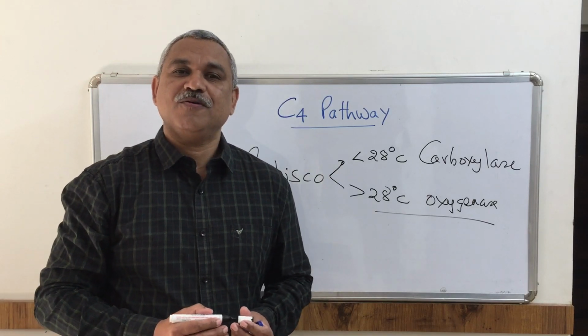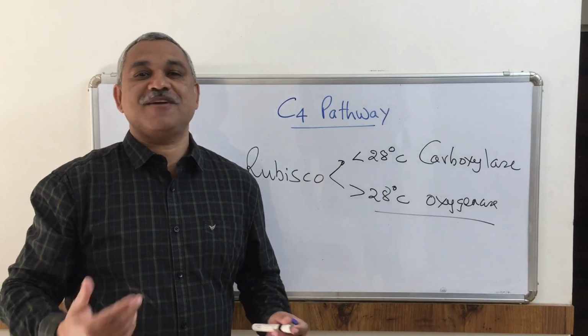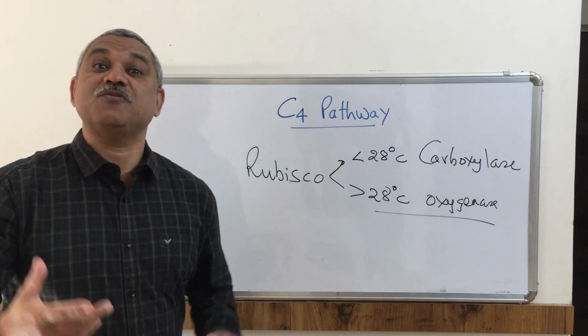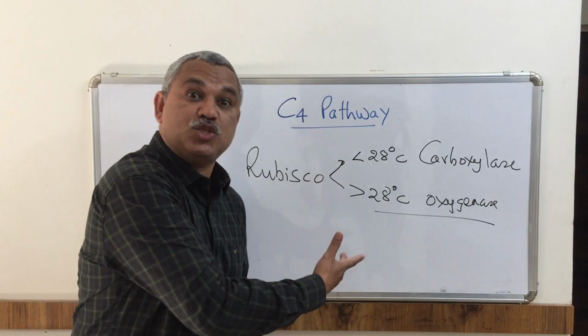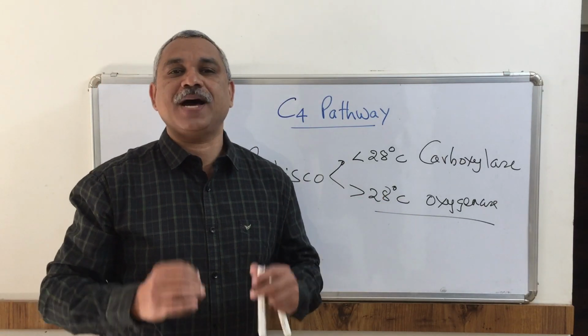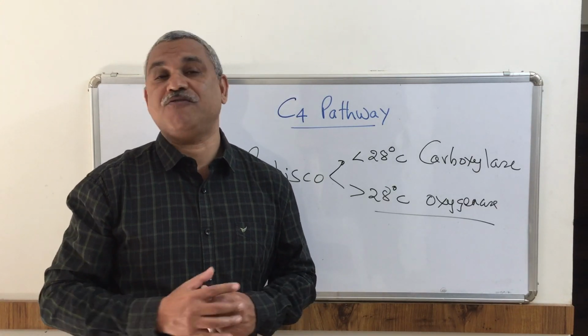We know for a country like ours, where the temperature is generally very high, the plants will switch over to the oxygenase reaction and it will end up not growing properly or producing less biomass.